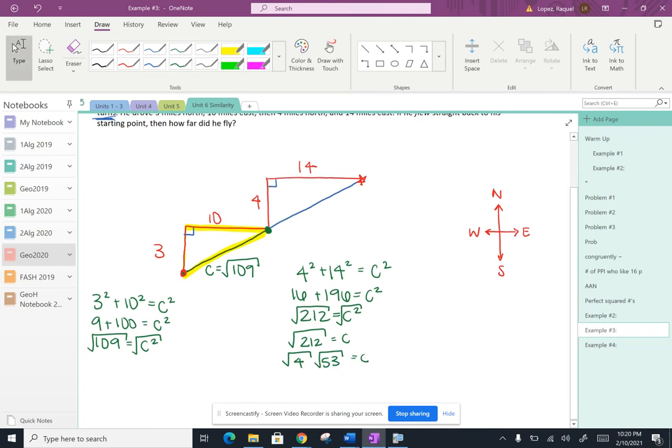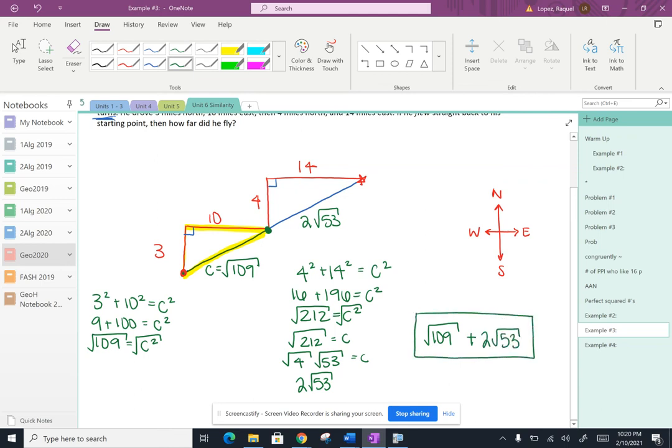And so when we simplify this, we end up with 2 root 53. So if he were to fly all the way back from the star to the red dot, we would just say that he flies back the square root of 109 plus 2 root 53 miles, and we're working in miles.